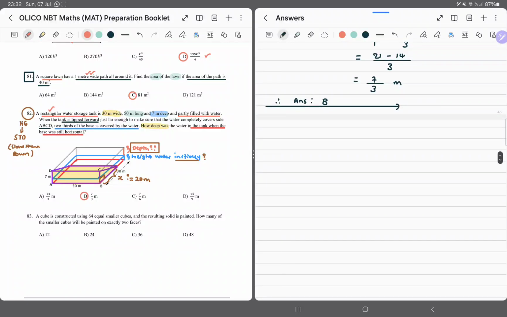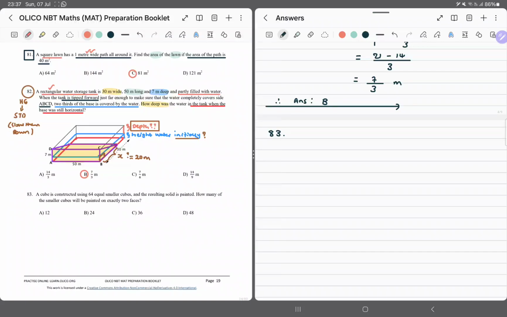So let's go to question 83. Question 83 says, a cube is constructed. Now, what is a cube? It's a square box.